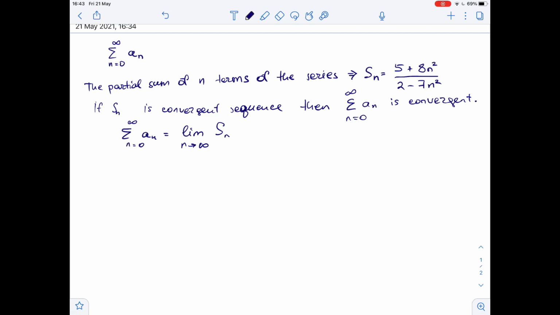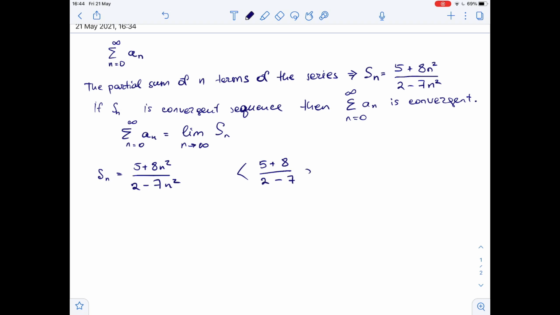So first of all, let's write down the first few terms of our sequence S of n. So S of n is equal to (5 plus 8n squared) over (2 minus 7n squared). So the first term would be (5 plus 8) over (2 minus 7).